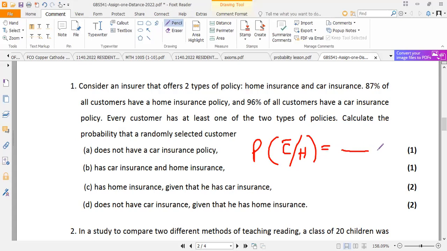What goes down? Probability of H. And on top, what are we going to have? Probability of C complement intersection H. So that is what you're supposed to do.